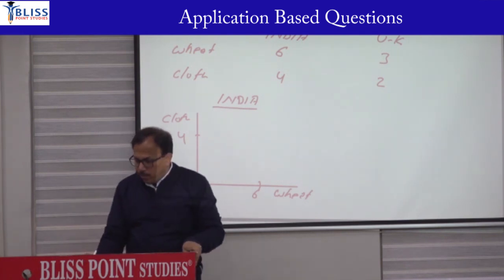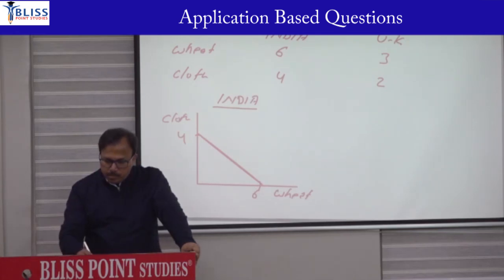Directly वो नंबर डाल दीजिएगा and then connected with a straight line. Do it for UK as well. Wheat and cloth. Here it is 3 and 2.